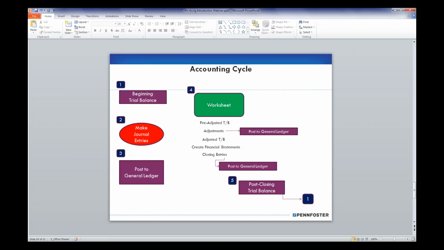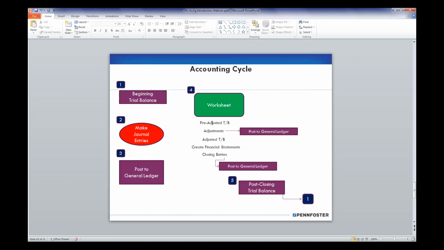Just realize that the worksheet is used by accountants at the end of the accounting period. Once all the transactions have been posted to the ledger accounts, we can create another trial balance, called a pre-adjusted trial balance. It's called pre-adjusted because these are the balances in the accounts before we make any adjustments.